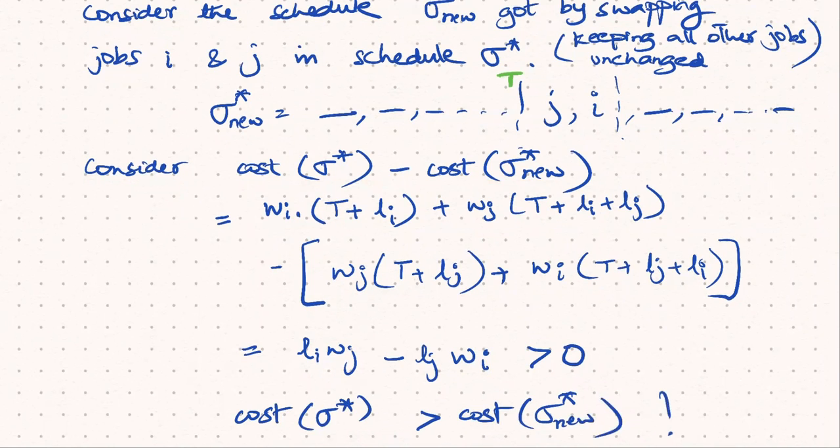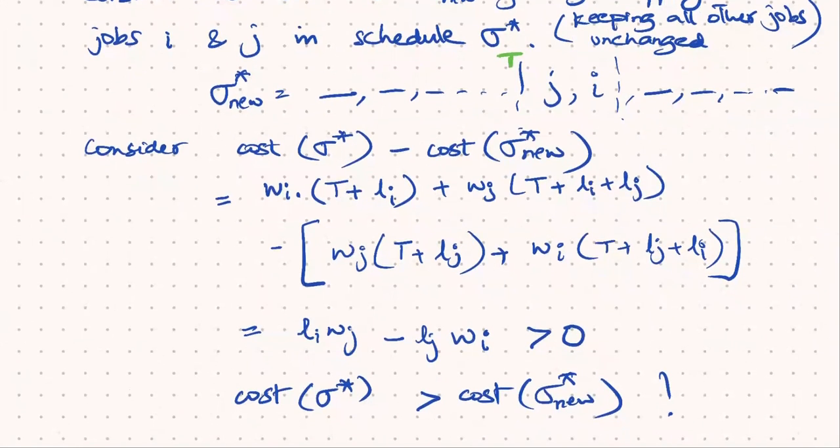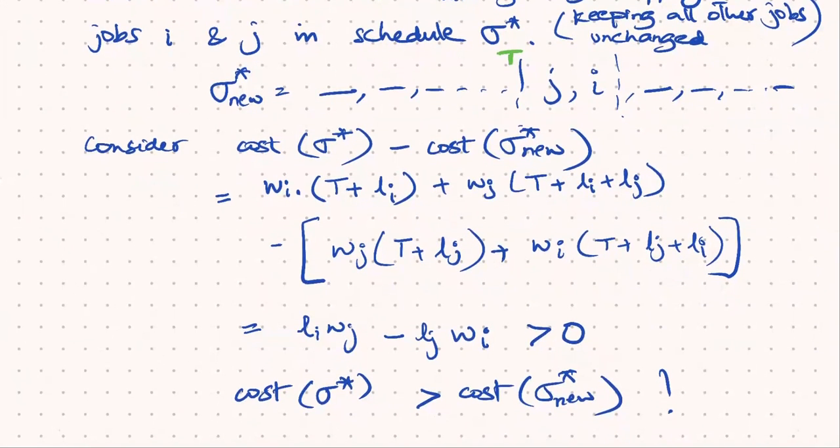So what have we done? Sigma star was an optimal solution, and just by swapping two jobs in the optimal solution, we have found another scheduling which has an even lower cost than the optimal, which is of course a contradiction. So what does that mean?